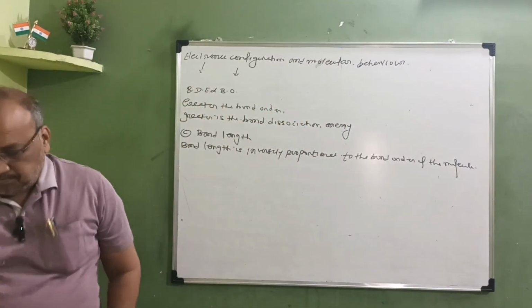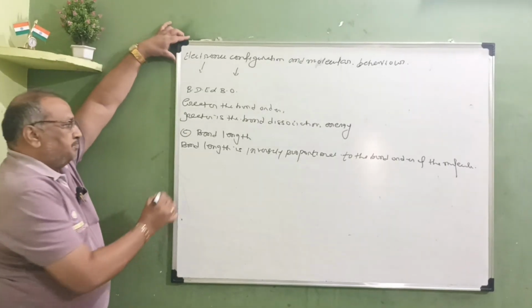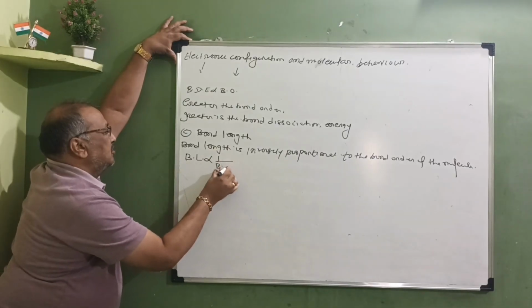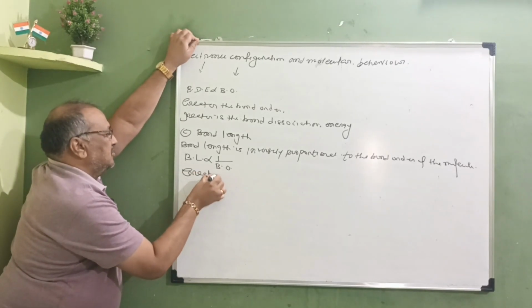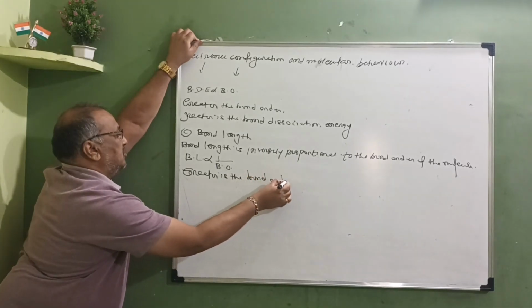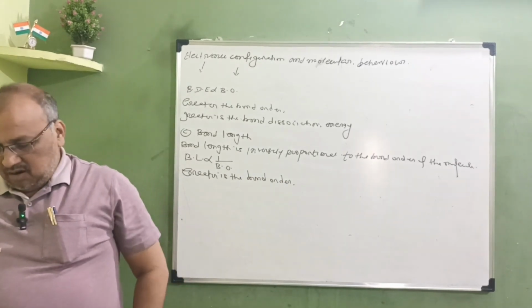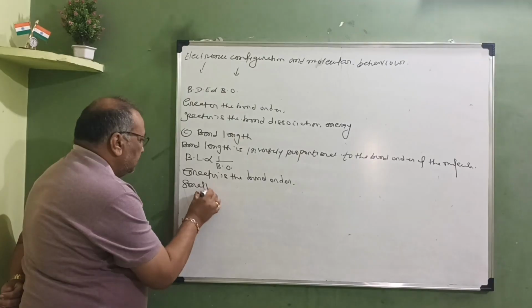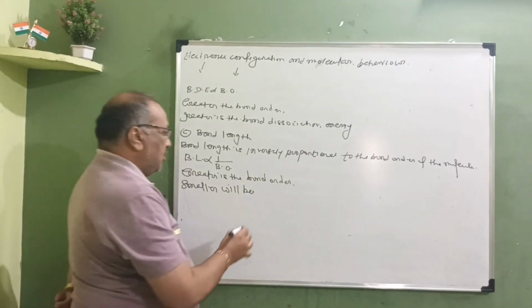That means here, BL is inversely proportional to the BO. Greater is the bond order, smaller will be the bond length.